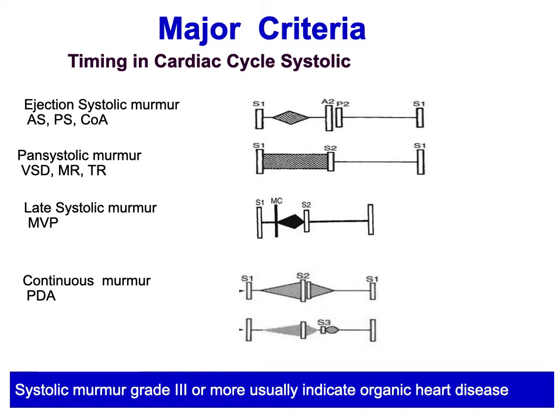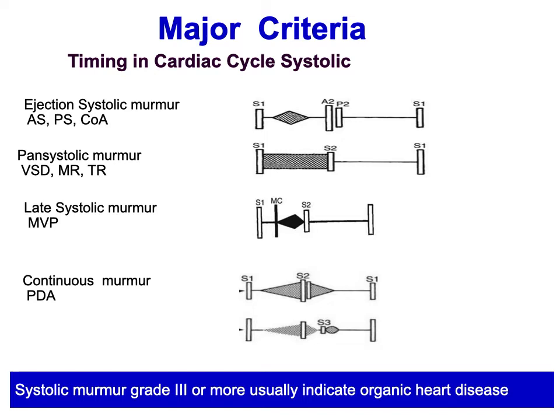Now, in the timing of the cardiac cycle in the systole, ejection systolic murmurs. What are the ejection systolic murmurs? Those murmurs which originate at left or right ventricular ejection, that means at the output level, from the left ventricle or right ventricle to the great arteries, that means the pulmonary or aortic valve or below down in the great aorta.